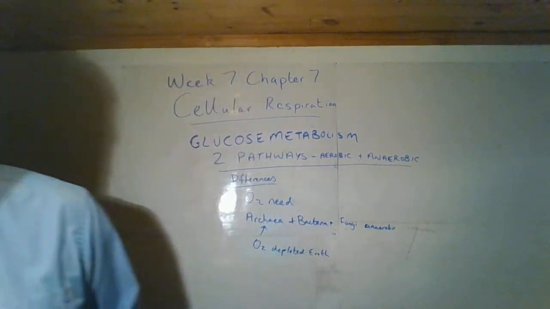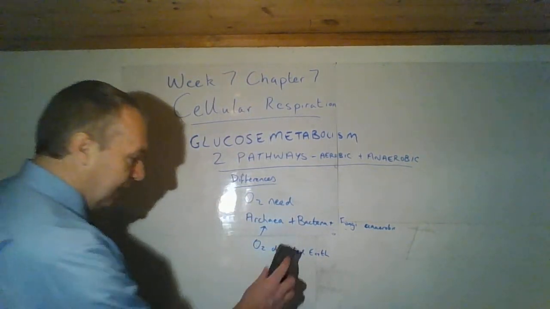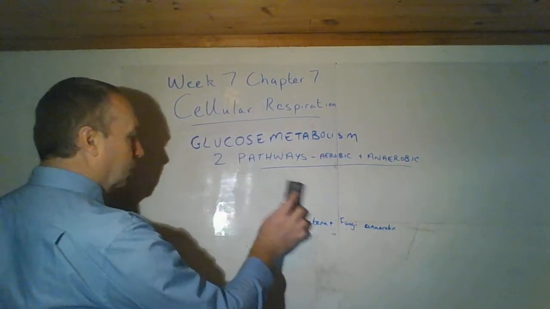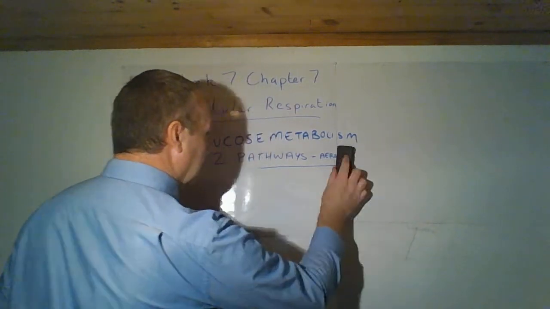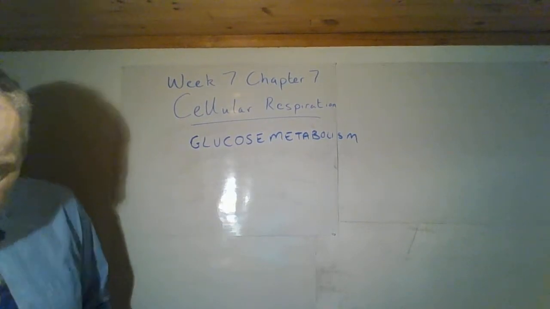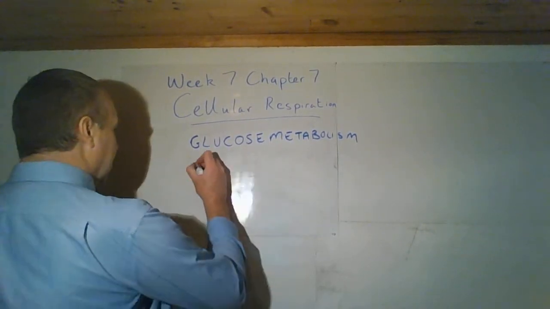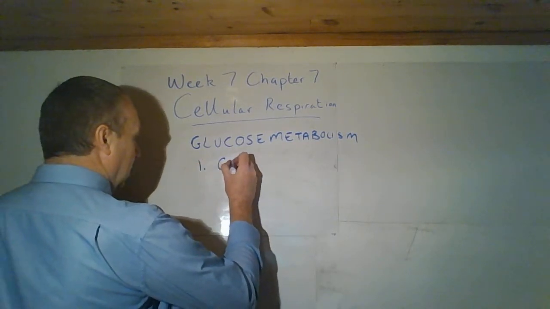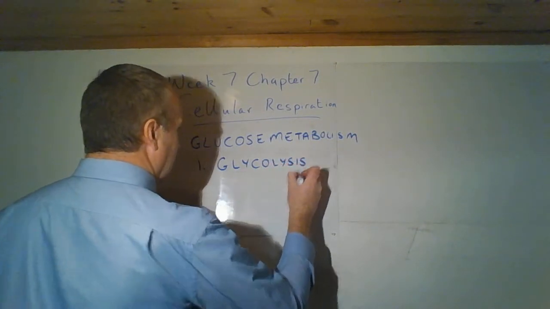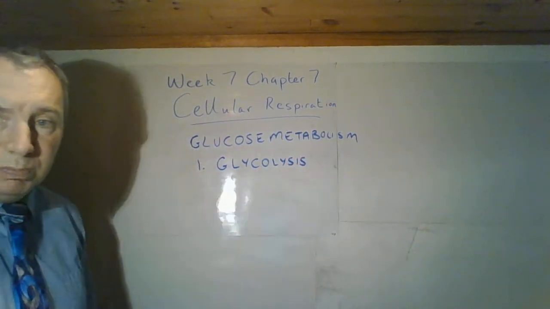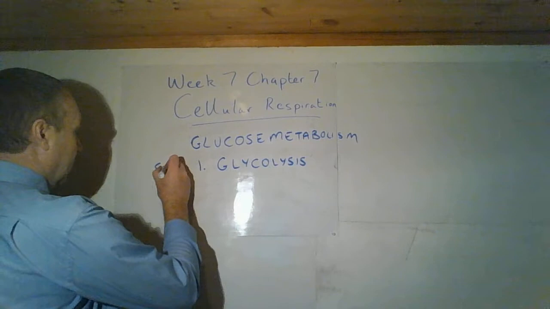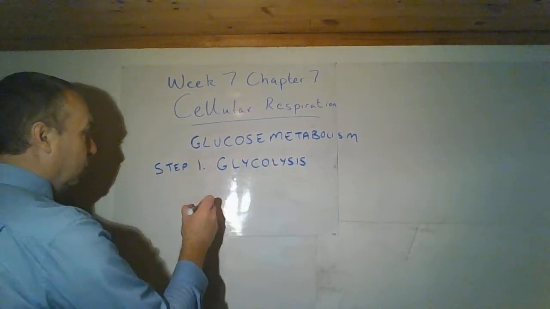So let's get started on cellular metabolism, the first step. The very first step of glucose metabolism is called glycolysis. And we see this lysis, it comes up in biology quite a lot. Lysis means splitting apart. So what's going to happen to our glucose molecule is it will be split apart.